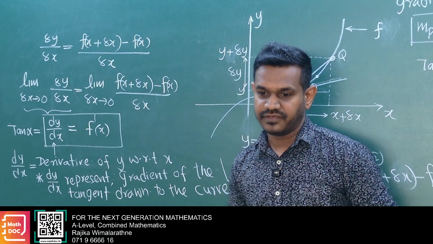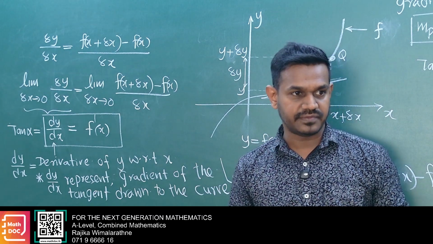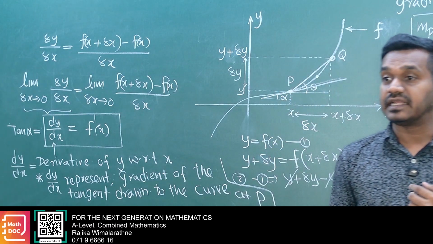This process we call differentiation. The final result will be the derivative. Derivative represents gradient. That is a general gradient.